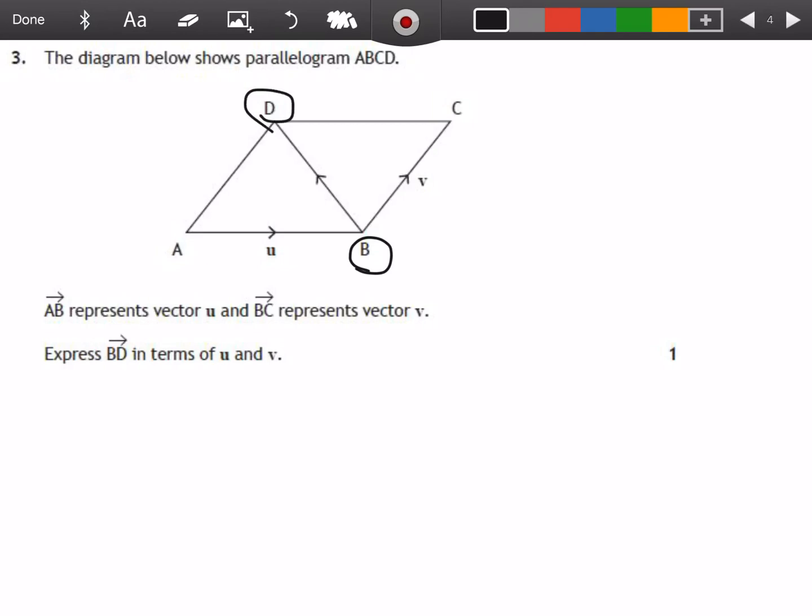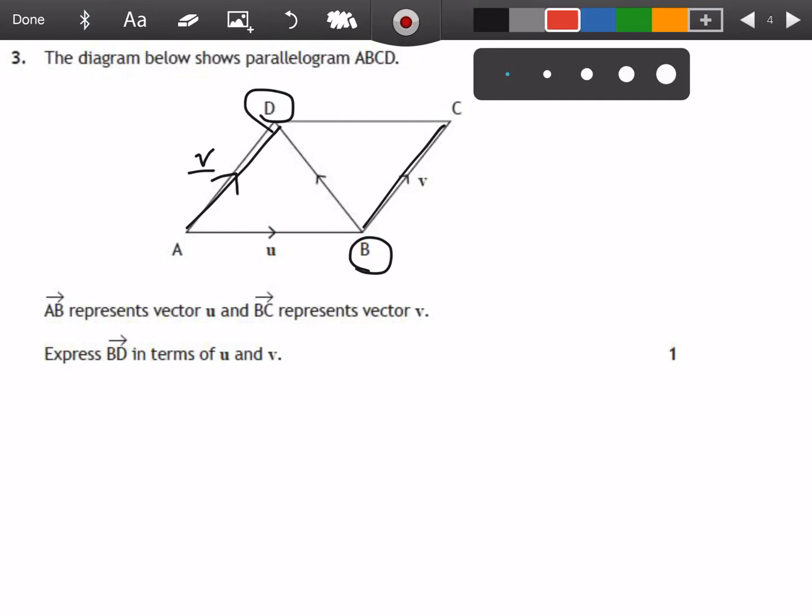Now, we can only go along the sides where we know the values of the vectors we were given, okay? As I mentioned, this one here, because it's parallel to this one, is also V. Okay? This one here, I'll see if I can do it in a different colour. Yes, let's go with that.